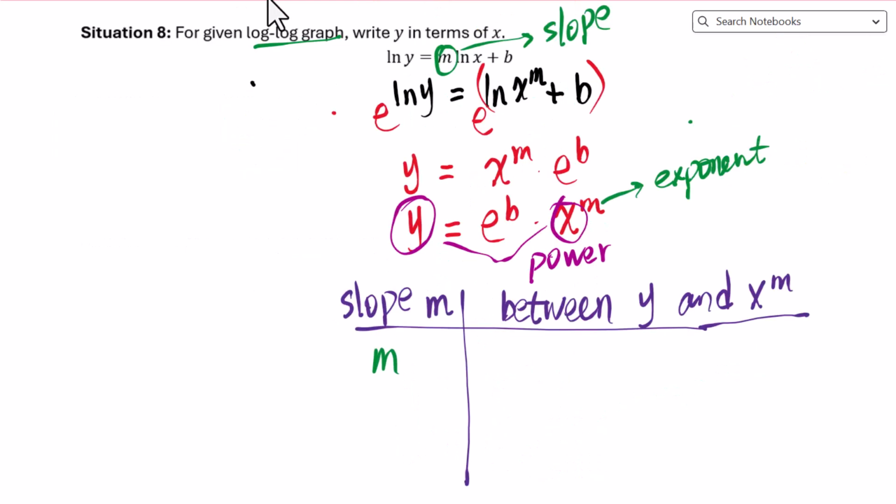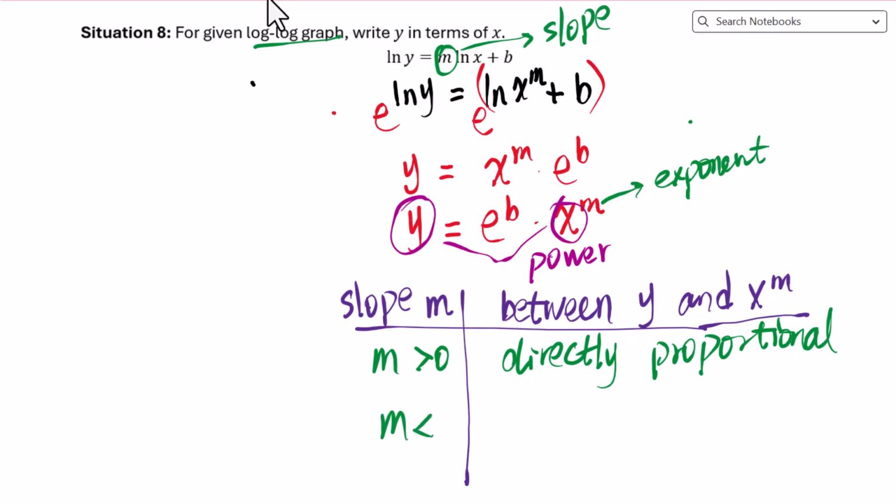When this m is positive, the relationship between y and x to the m's power is directly proportional. When m is less than 0, the relationship between y and x to the m's power is inversely proportional.